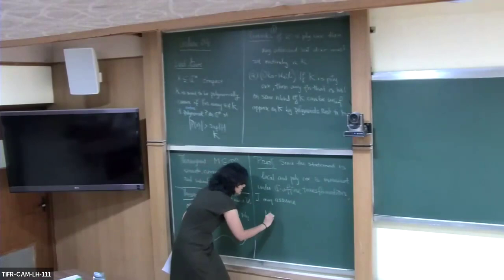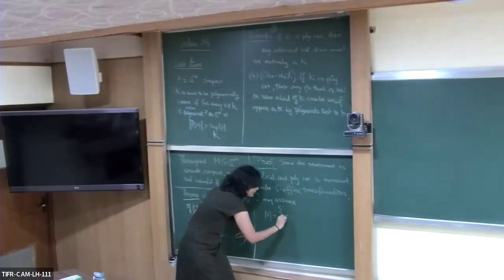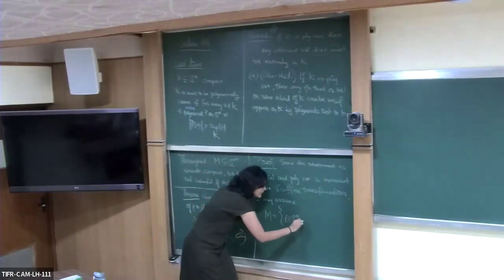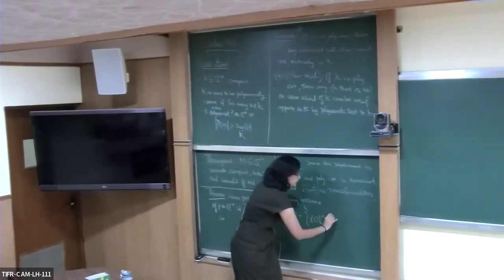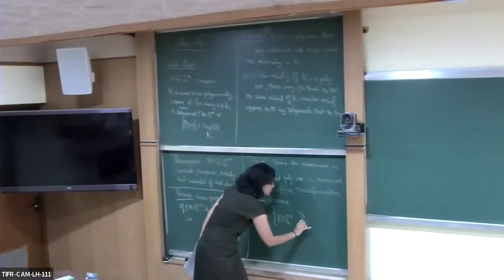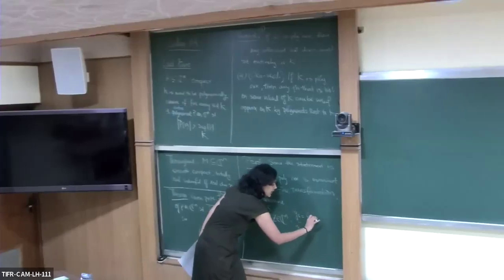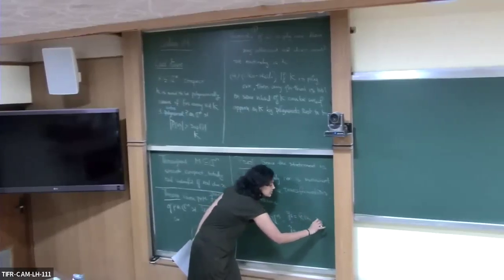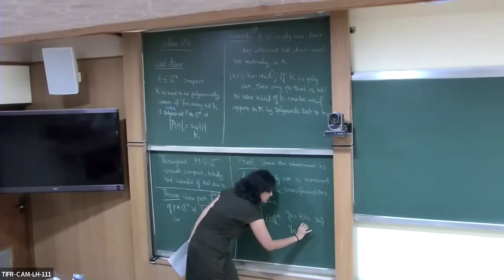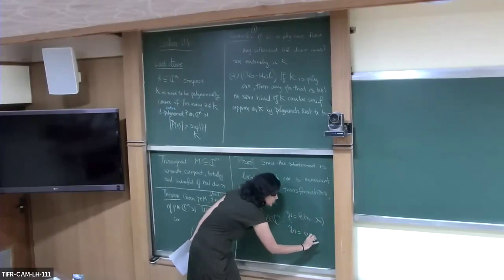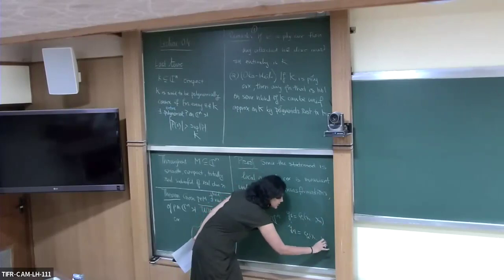We discussed this last time. Even though I'm writing M globally like this, what I really mean is that in a neighborhood, I can write it as a graph. I have these imaginary coordinates, and I'm really writing it as a real graph of smooth functions. This is a consequence of one of the exercises that I gave you last time.